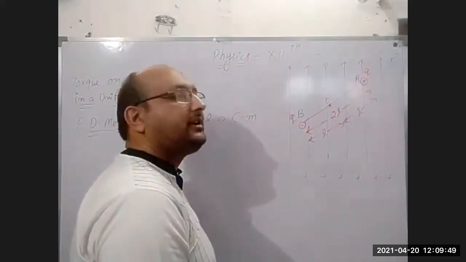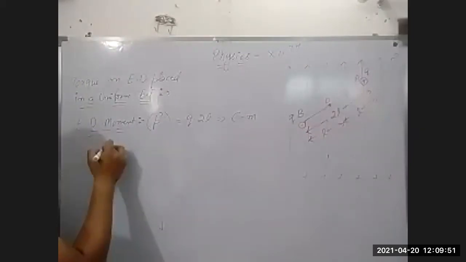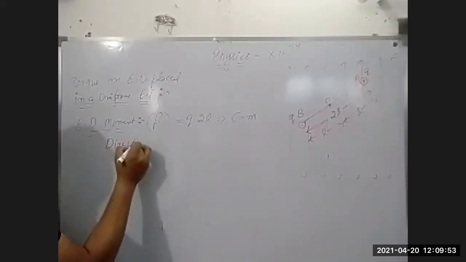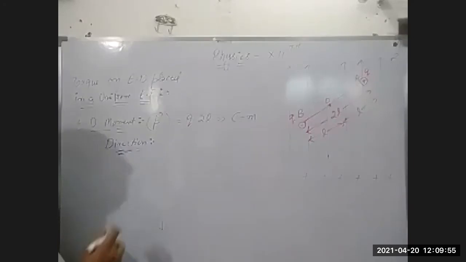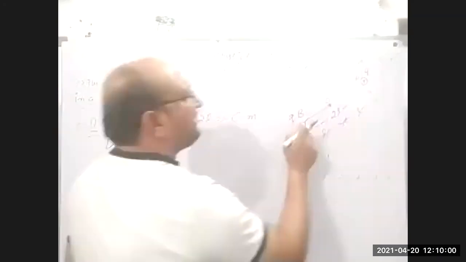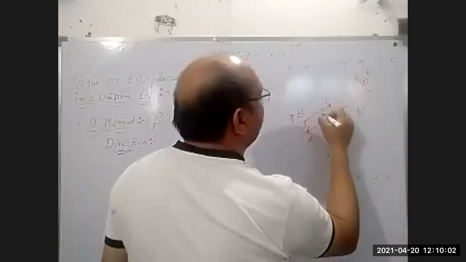What is the direction of the electric dipole moment? The direction of electric dipole moment is always negative to positive.